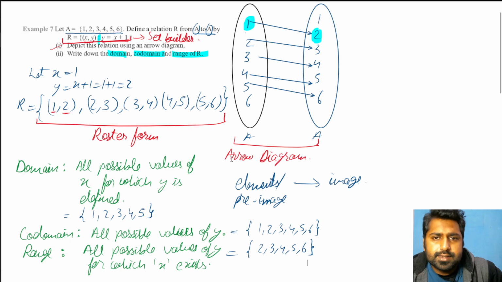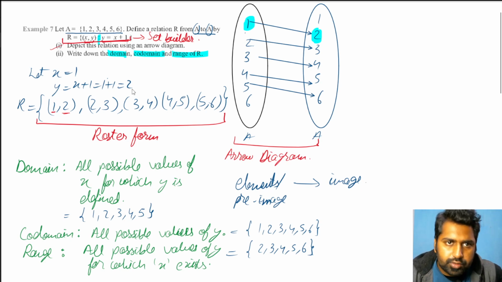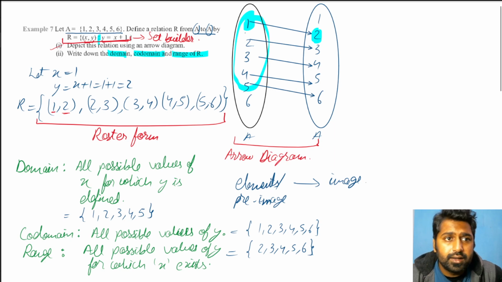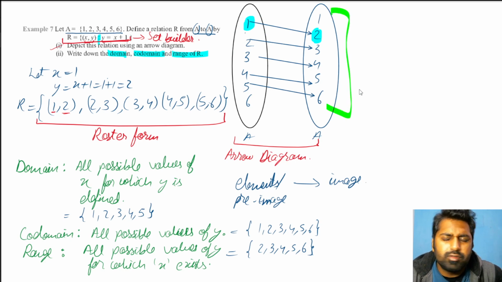So I'll repeat this one more time because this is the main concept of this chapter: domain, codomain, and range. Domain is all possible values of x for which y exists. Okay, so all these values, there is a y, but for 6 there is no y. So that means it will not be included in domain. If I talk about codomain, that is all values of y.